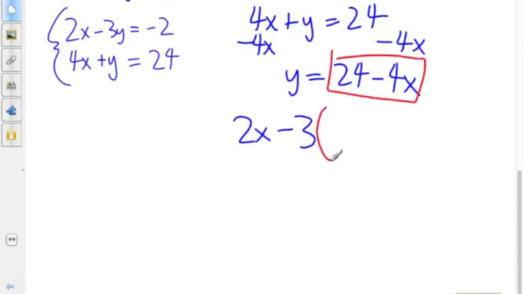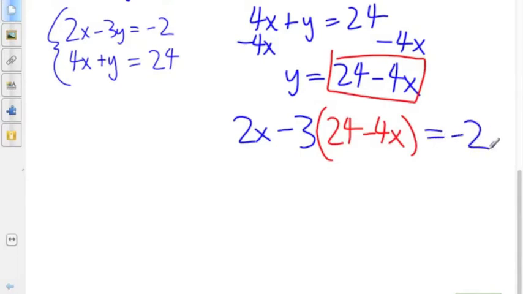So times 24 minus 4x, so 2x minus 3 times (24 minus 4x) equals negative 2.